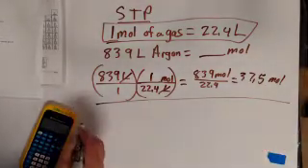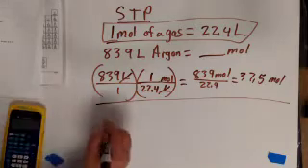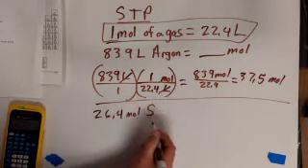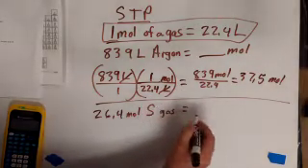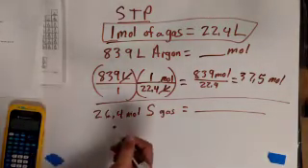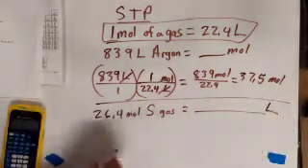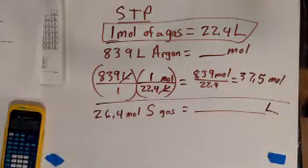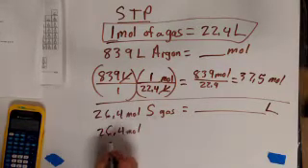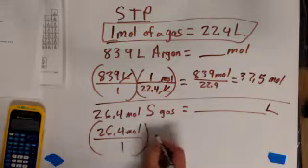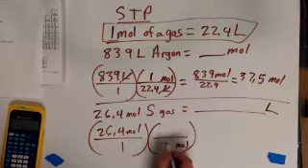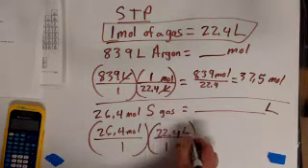If you want to go the other way, okay, then you could say, all right, let's say we had 26.4 moles of sulfur gas, okay, and we want to know how many liters that will be. And remember, liters is a unit of volume. So we're going to say 26.4 moles over 1. We'll multiply that by our conversion factor. We know we need moles down here. 1 mole is 22.4 liters.